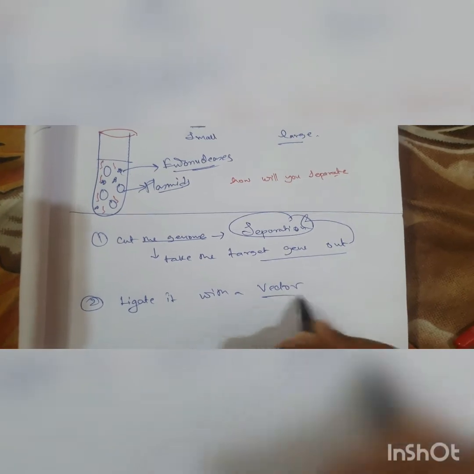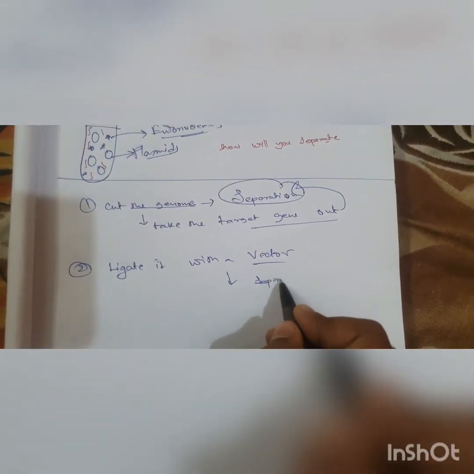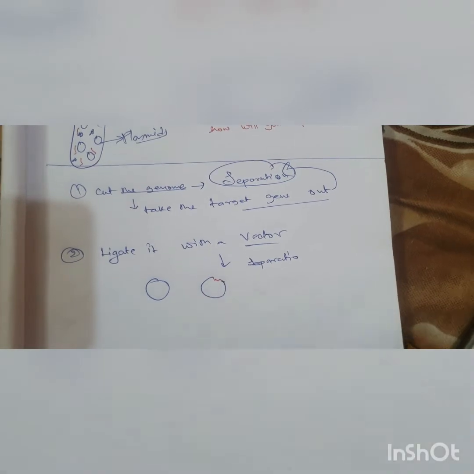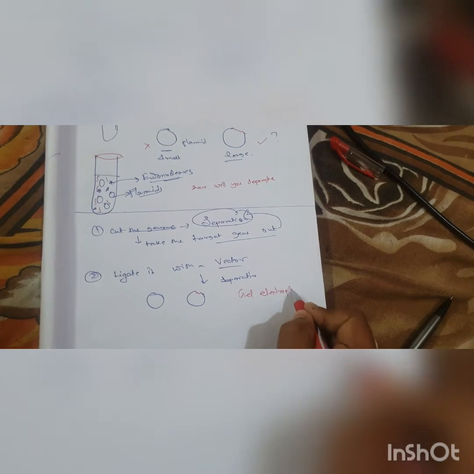Second, ligate it with a vector. Then also there is a question of separation, because some of the vectors will be like that only, some will take up the gene. So how will you separate them? For separating them, there is a technique known as gel electrophoresis for separating the DNAs.